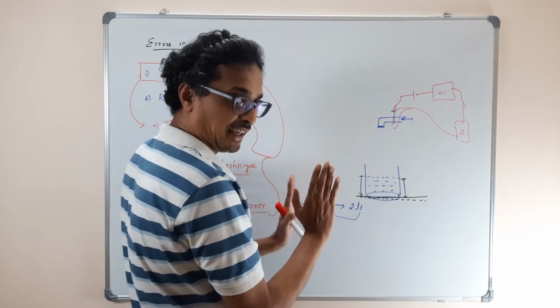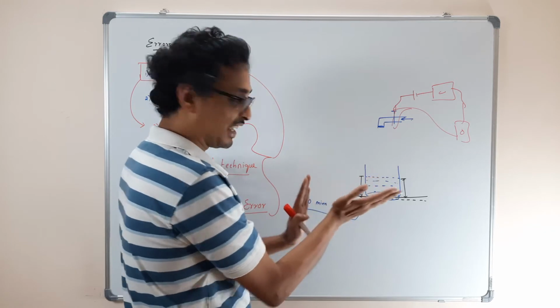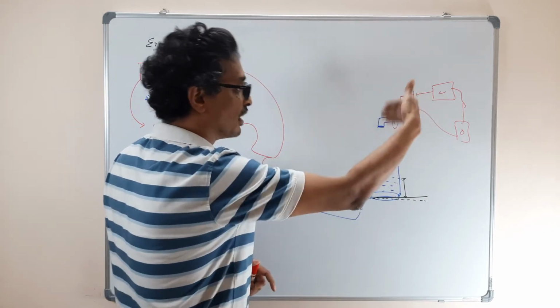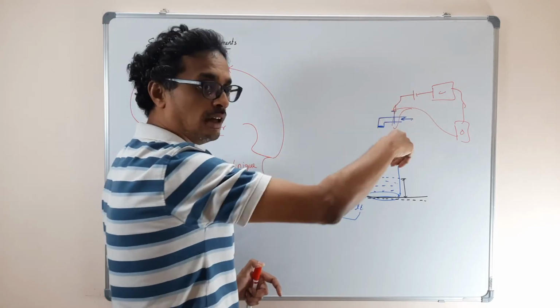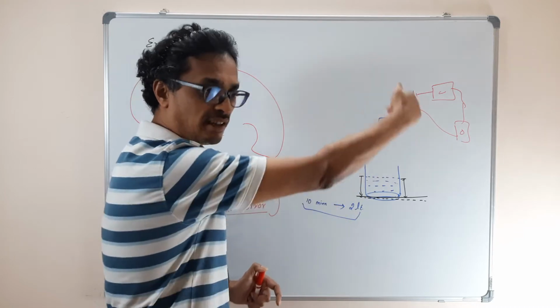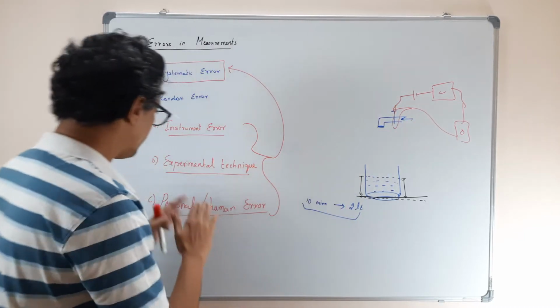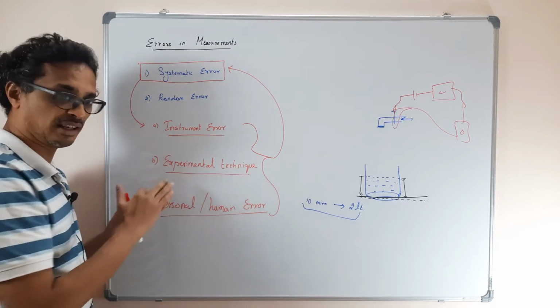The experimental technique should not have any flaws. So I can reduce the flaws, I can make the level properly outside, and how to close the water and everything, I don't use this very primitive method, I will use a high technology method. This is one example I'm giving. So that way also I can reduce the error due to my experimental technique.